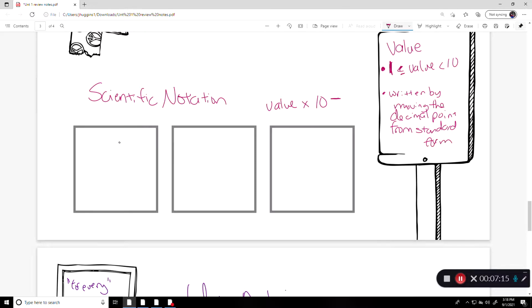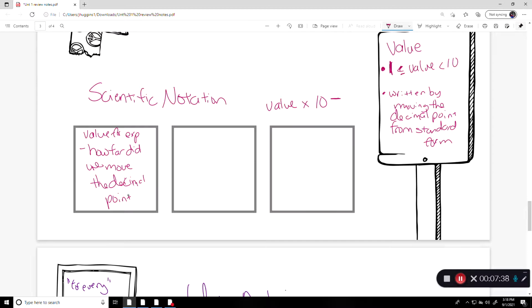And so then how do I decide about that exponent? Well, the value for the exponent, in other words, what number is going to go up there, represents simply how far did we move the decimal point?